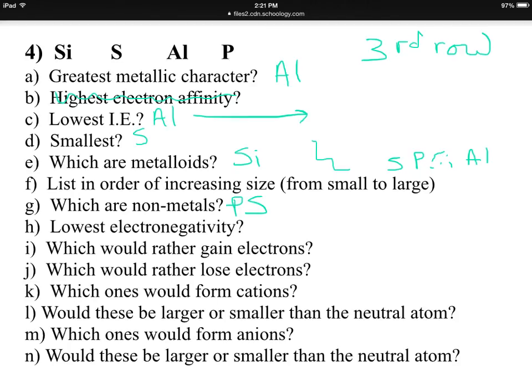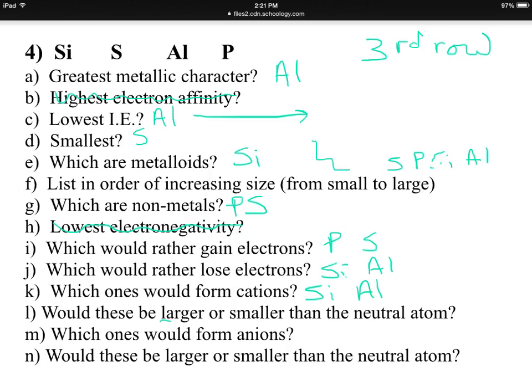Lowest electronegativity, again, we're not talking about that. Which would rather gain electrons? Phosphorus and sulfur, they're the nonmetals. Which would rather lose electrons? Silicon and aluminum. Which would form cations? Silicon and aluminum, they are the metals. And which would be larger or smaller than the neutral atom?